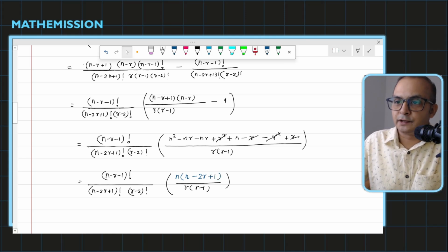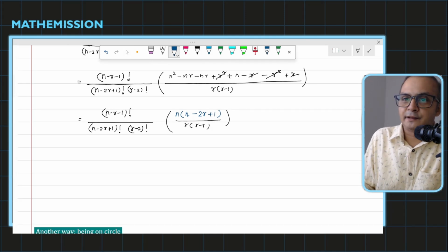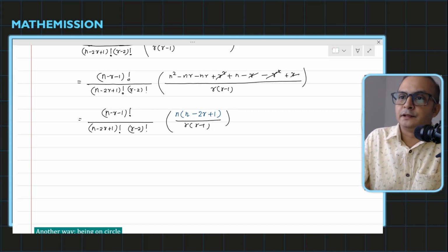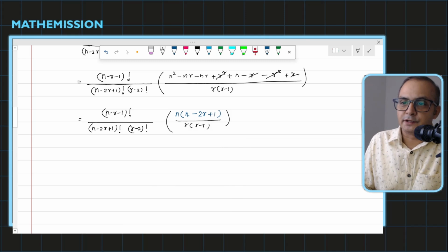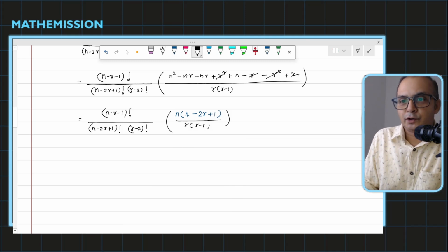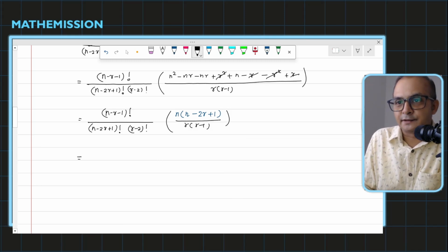So what you can notice is if I expand this thing, this n minus 2r plus 1 will get cancelled.